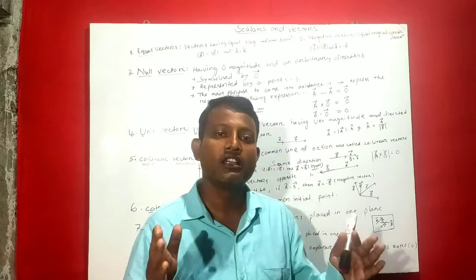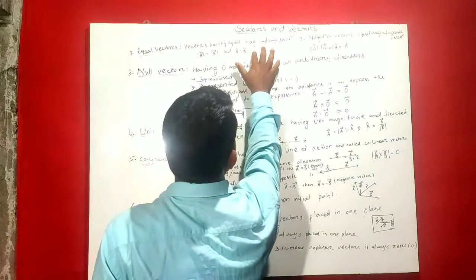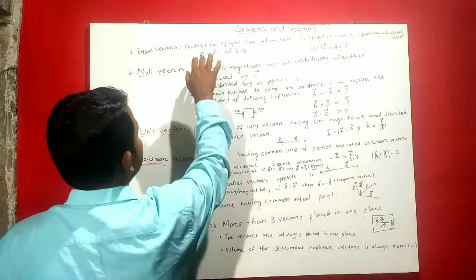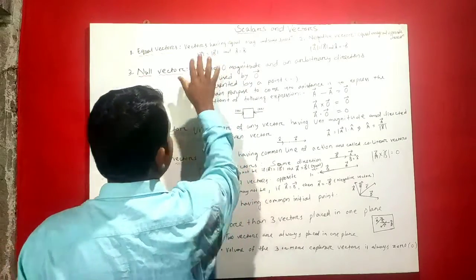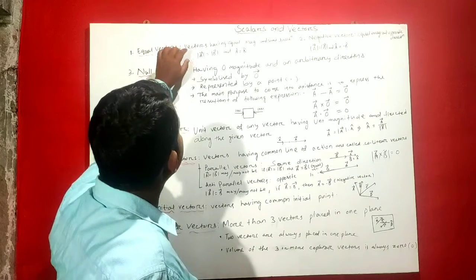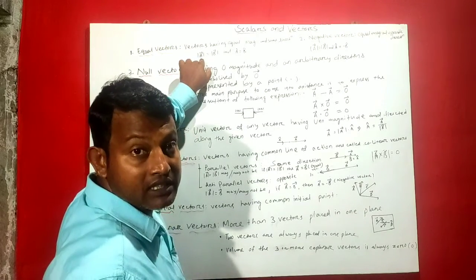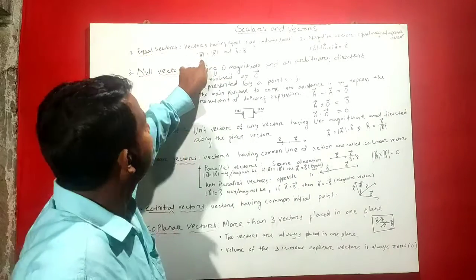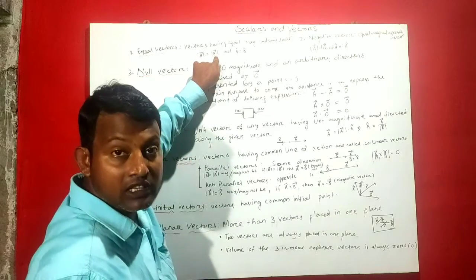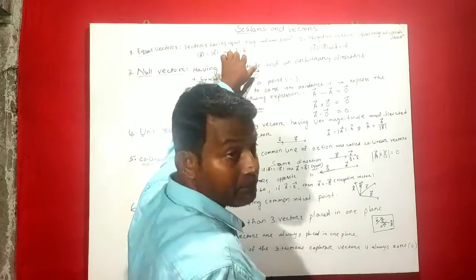Symbolically, the magnitude of vector A is equal to the magnitude of vector B, and A cap is equal to B cap.